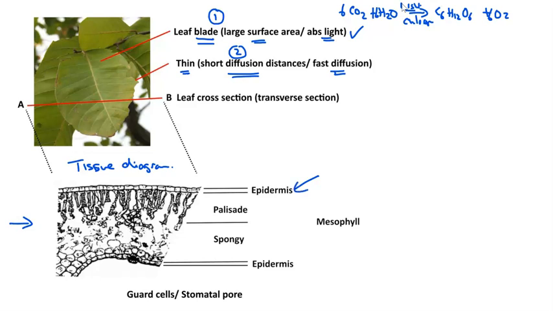And there's similar flat cells on the lower surface, that's the lower epidermis. Then everything else between those two layers is called the mesophyll tissue, which means middle leaf. So the epidermis, epi meaning outer, two epidermis, upper and lower, and between them, sandwiched there, is the mesophyll.